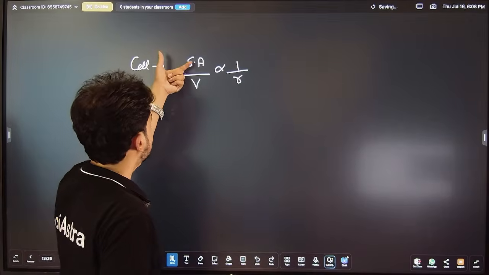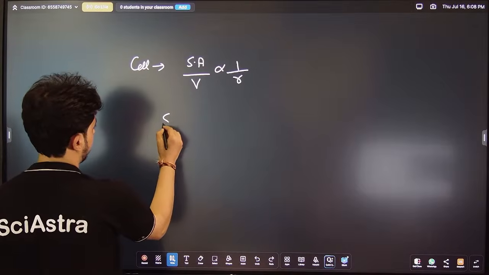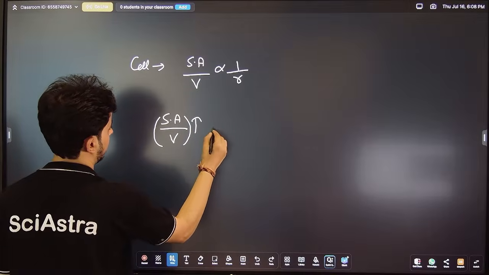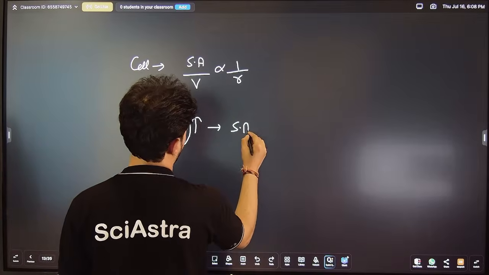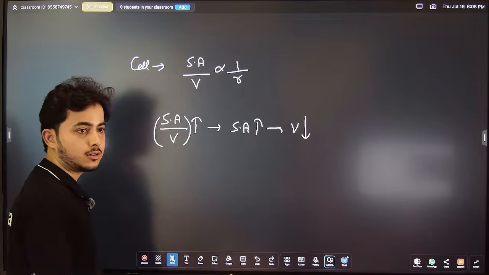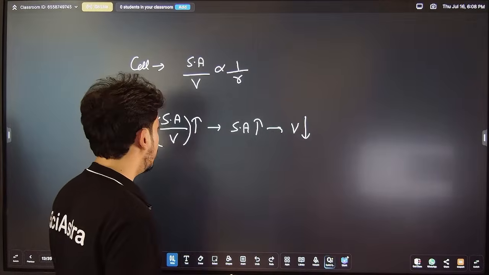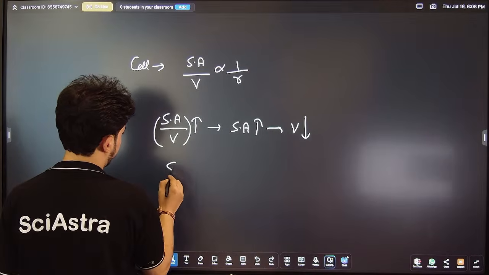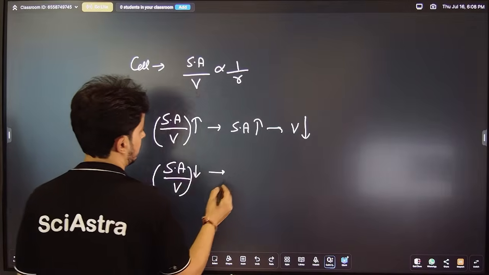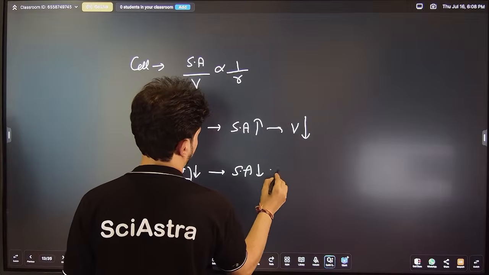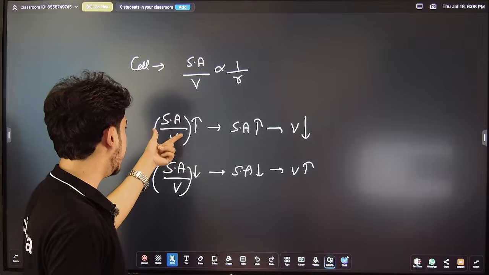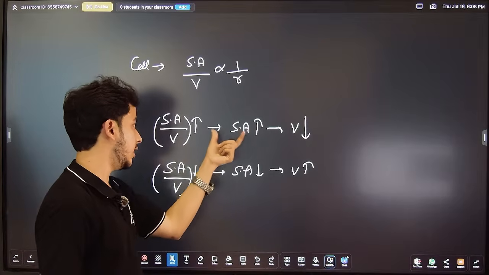If this ratio is high, that means the surface area is high and the volume is low. That is one possibility. Another possibility is that the surface area to volume ratio is low, so the surface area is low and the volume is high. So there are two possibilities for the cell. Either it can take its surface area to volume ratio as high or low.